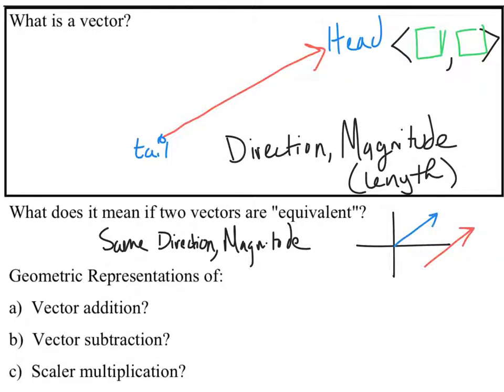All right, so a geometric representation of vector addition, we already talked about on the previous slide. Vectors, when they are added, you do one vector, then you do the other. The yellow there represents their sum. It connects the tail of the first vector to the head of the second vector. Whereas vector subtraction, I kind of put this over here, would do the first vector, but then, let's say the second vector was like this, it would actually turn that around and do the opposite of that vector.